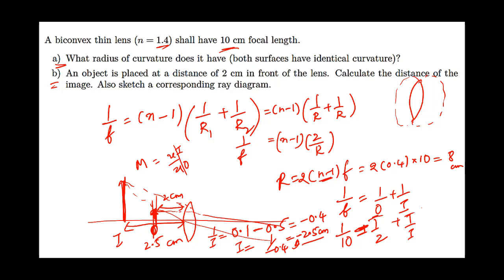That would be roughly minus 2.5 by minus 2. Minus and minus cancel, right? So roughly 1.25 times magnification, right? Which you can see here that the image is magnified clearly, right?